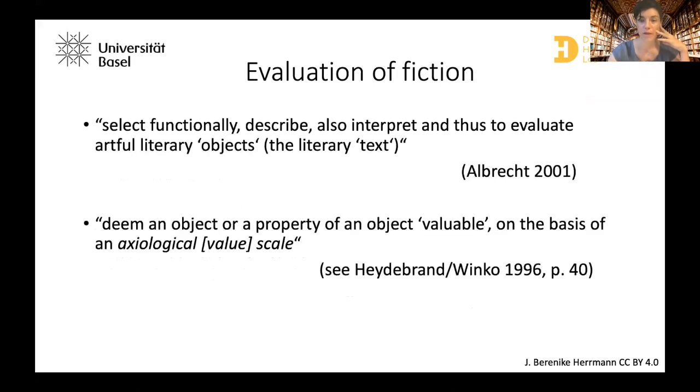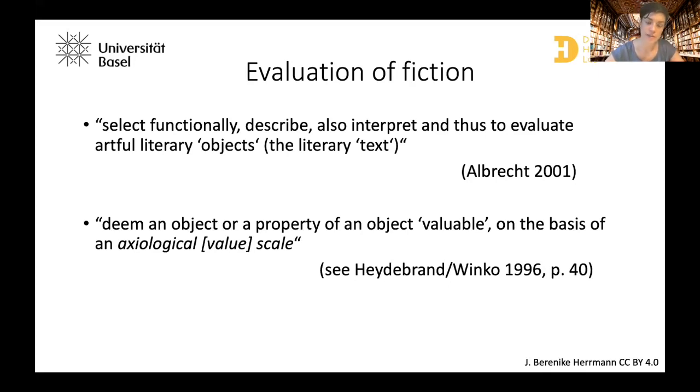Okay, so as to the definition of evaluation of fiction, there's one, for example, saying this is about selecting, functionally describing and interpreting, and thus evaluating artful literary objects, which are the literary texts. This is a definition about traditional, really professional literary criticism published in journals and newspapers and so on.